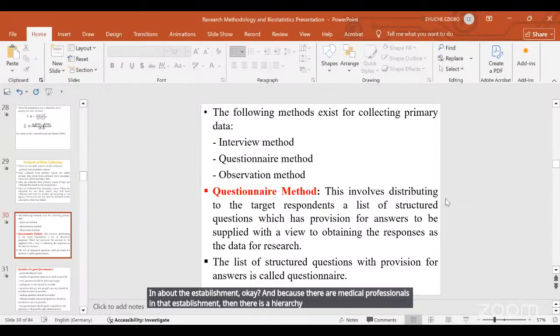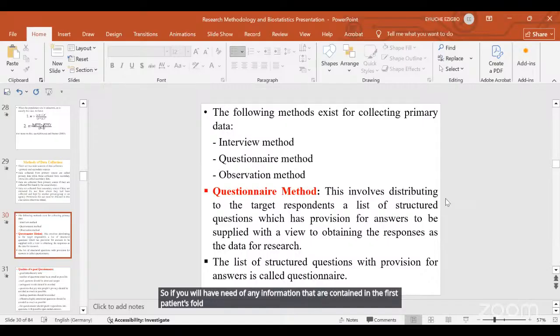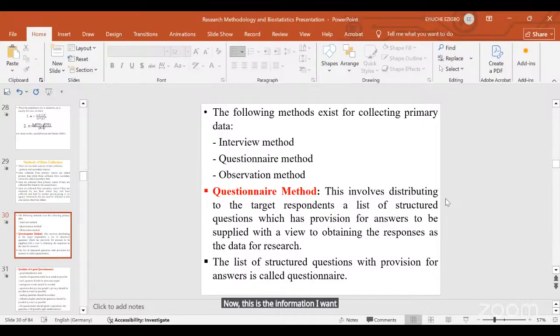So if you have need of any information contained in the patient's folders, you need to go to the hierarchy to get permission. You tell them, this is the information I want to collect from patient's folders. If you are permitted to do so, you have obtained permission to do that.